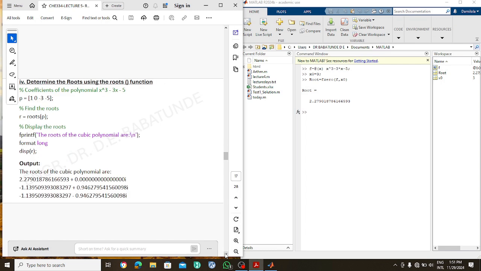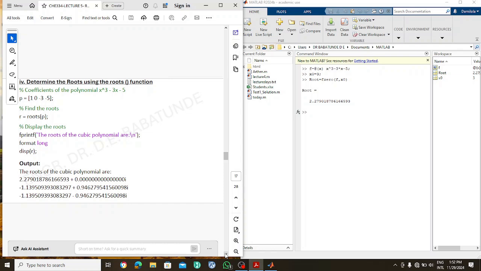Luckily for us, the example we are using is a polynomial. The methods that we have used before, you can use even if the function you are handling is not a polynomial. But if you are handling a polynomial, there is a plus: you could use the function roots.